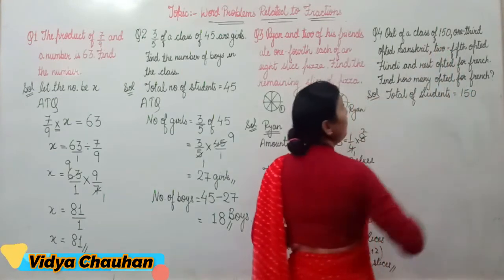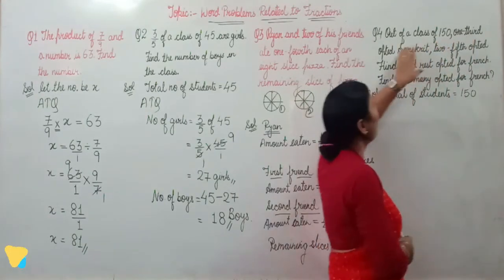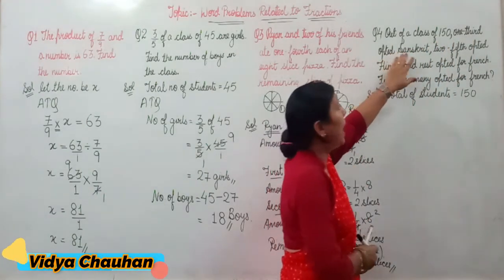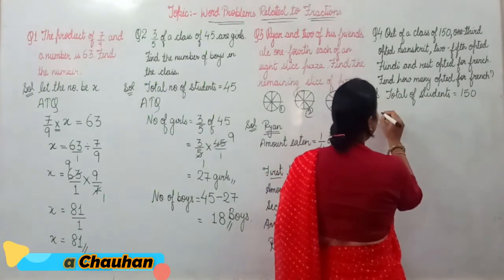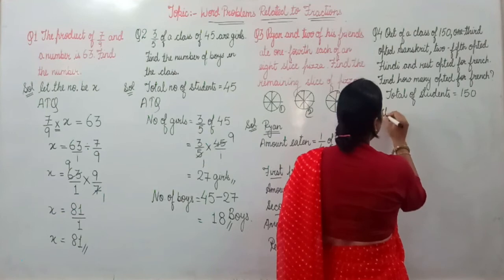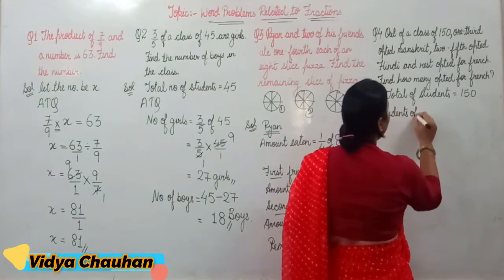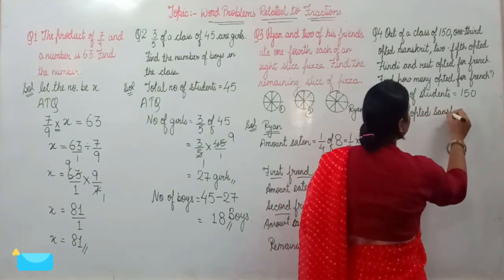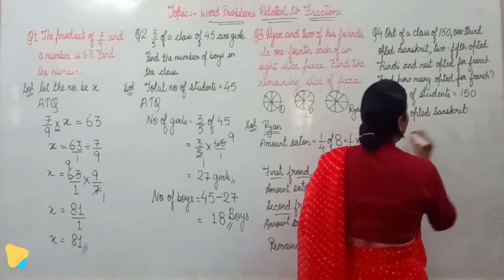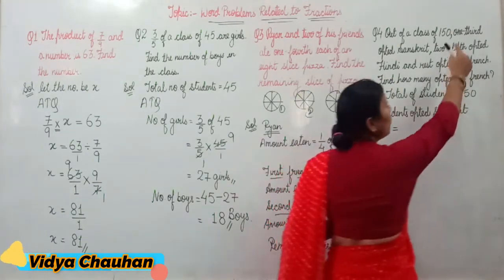Out of these 150 students, 1/3, that means 1/3 of the children, have opted for Sanskrit. So how many students opted for Sanskrit? In the first statement we will find the students who opted for Sanskrit.